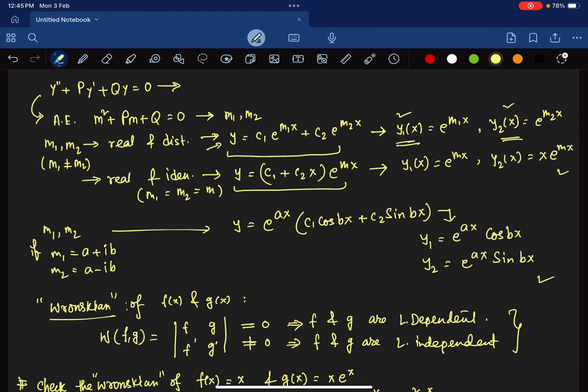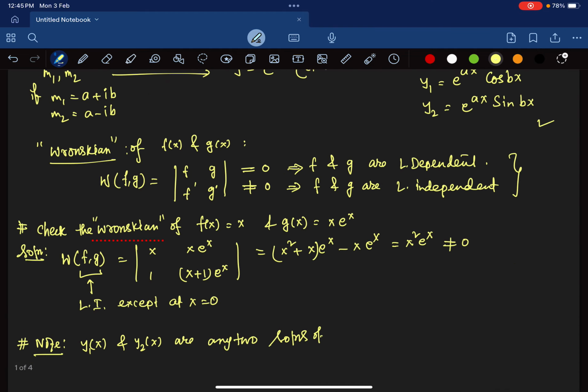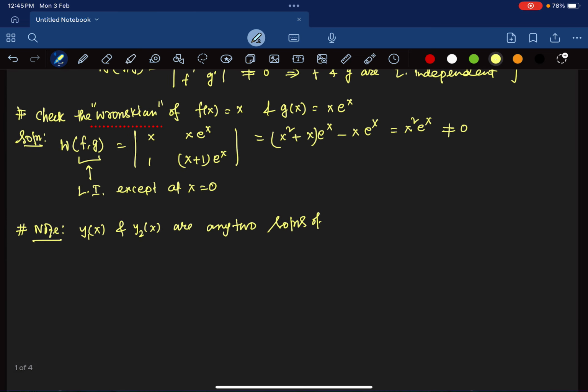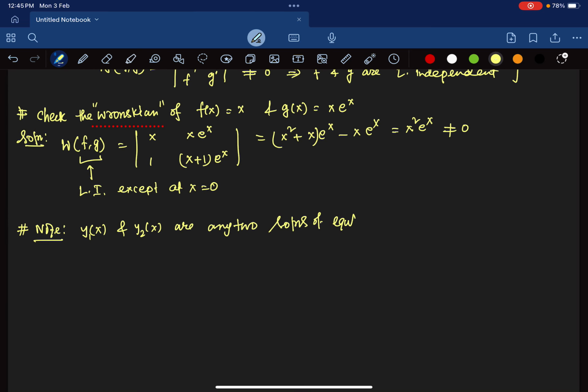This was, suppose, equation number star. Okay, it is a solution of equation star on the interval AB.